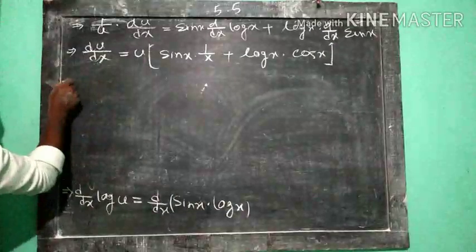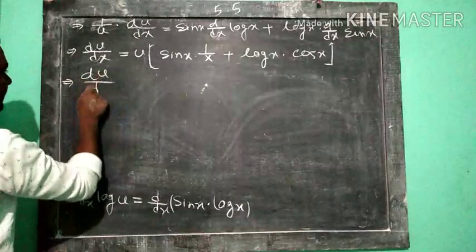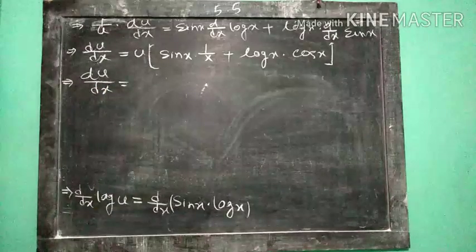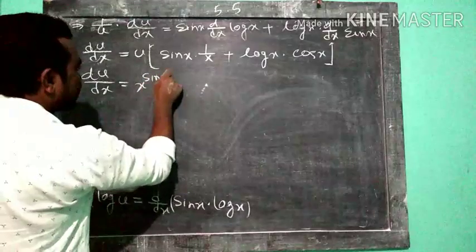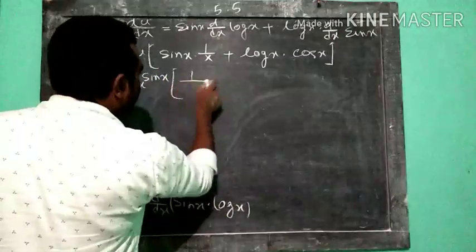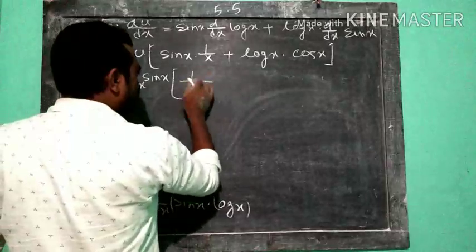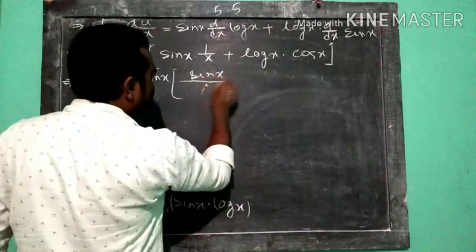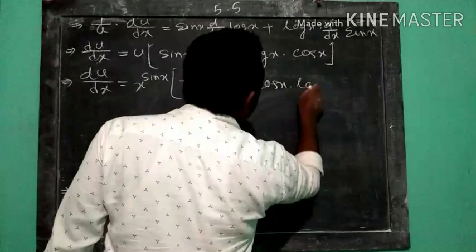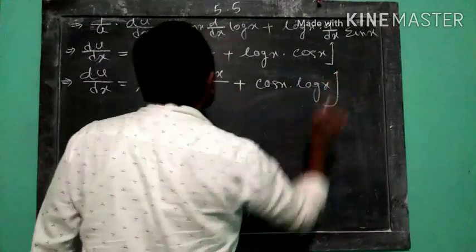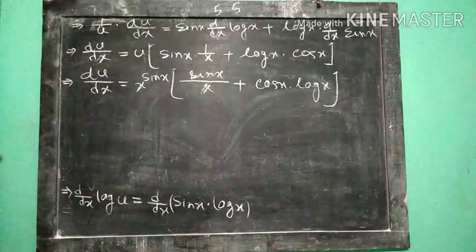So that implies du dx equal to u. What is u? u is x to the power sin x whole into (sin x by x plus cos x into log of x). This is the value of du by dx.